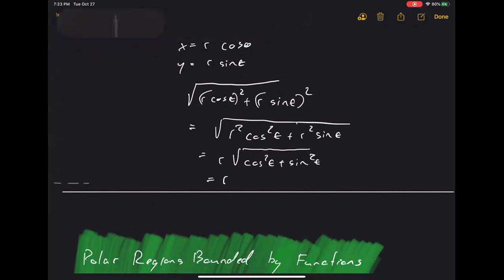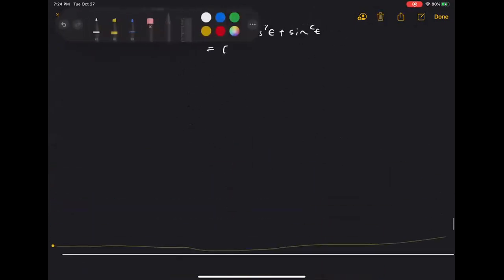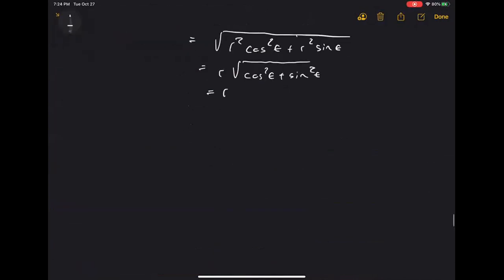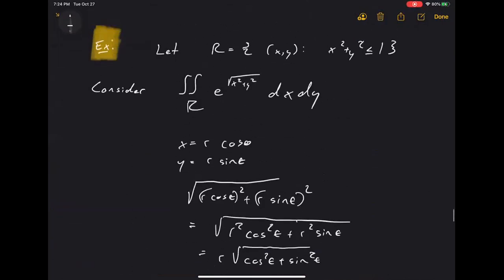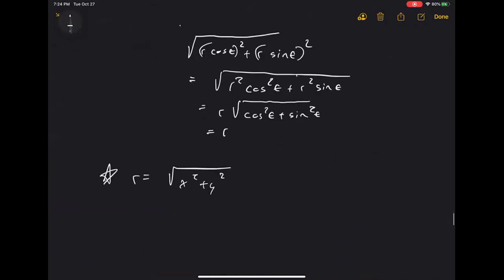Another way to do this, a much quicker way, is just to remember that r equals the square root of x squared plus y squared. So I would say not only remember these, but also remember this. It also helps to know that theta equals tan inverse of y over x.